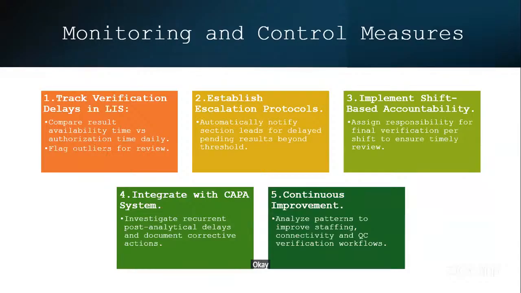Or what mechanisms have you put in place to ensure that whoever is supposed to authorize reports actually gets timely notifications to authorize those reports? So we look at automatically notifying section leads for delayed pending results beyond threshold. Those are things that we need to look at as service providers to make sure that our services are top-notch.